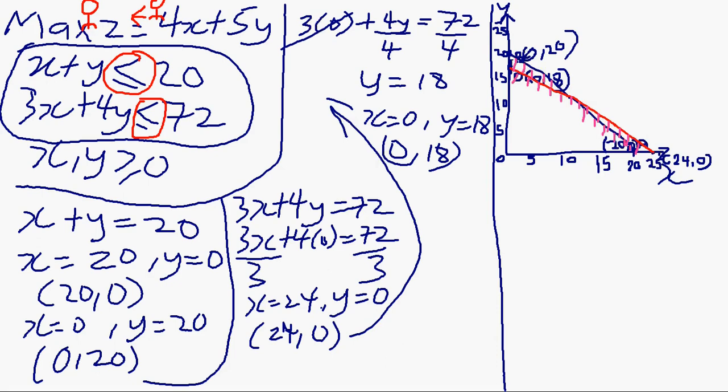So first we equated y to 0. So when we replace y here with 0, it is going to be x plus 0 is equal to 20. Technically, x plus 0 is the same as x. It's equal to 20. So that's how we had the value for x being 20. Because we equated y to 0, we assume y was 0.